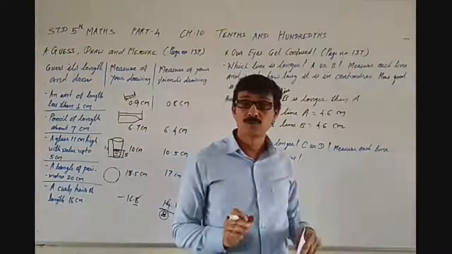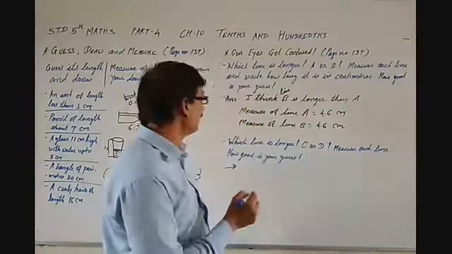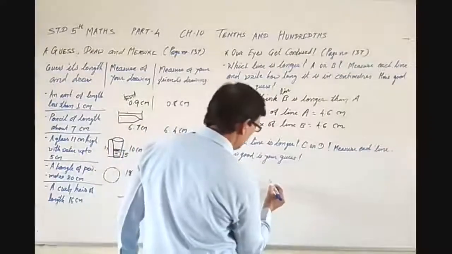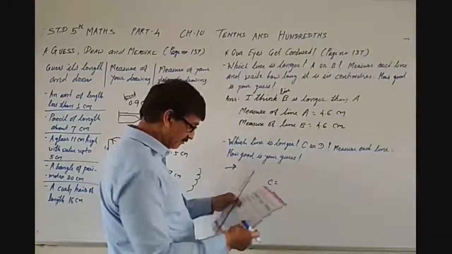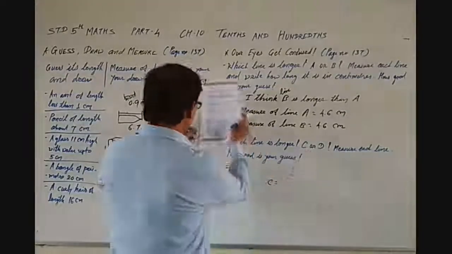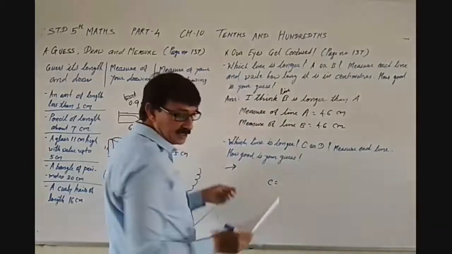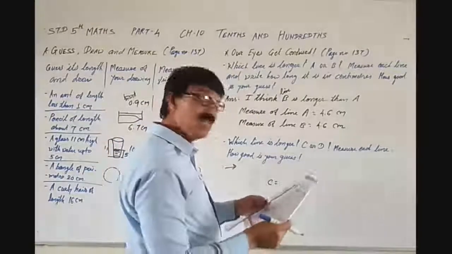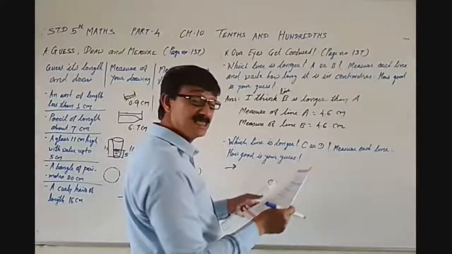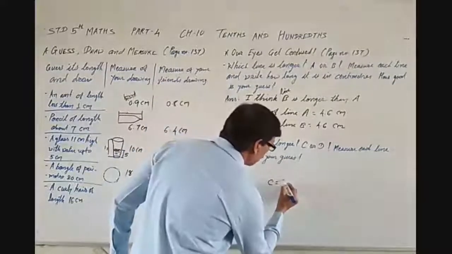Now what will you do? Measure. So the measure of line C is equal to, let me see, around 3.2 centimeter.